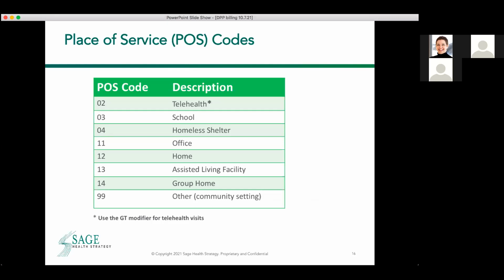The 99 code, if you recall from the previous session, would be if you are providing the services in a community setting like a YMCA. Maybe you have your clients all meet at a public library, wherever that setting might be. And that also includes hospital outpatient programs, which would use place of service code 99.